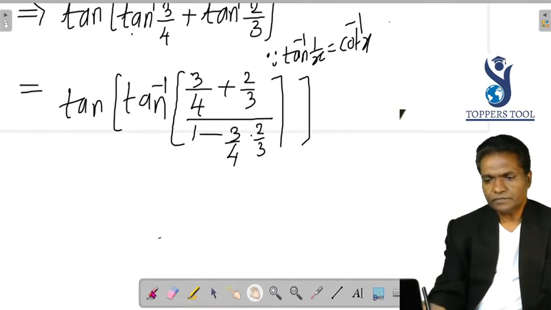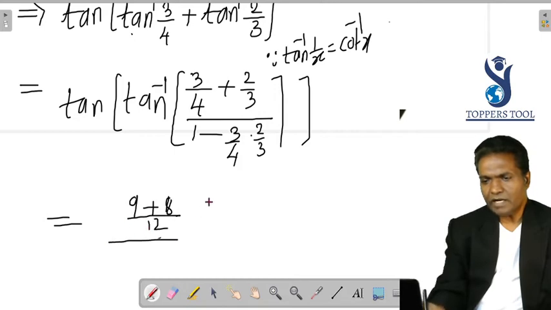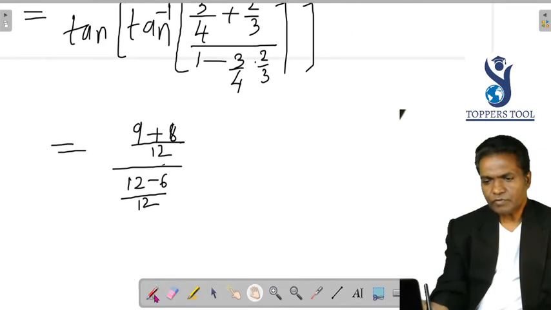Now tan of tan inverse vanishes. You just write 9 plus 8 divided by 12. In the denominator, 12 is the LCM, 12 minus 6 by 12. 12 cancels. 17 by 6 is the answer.